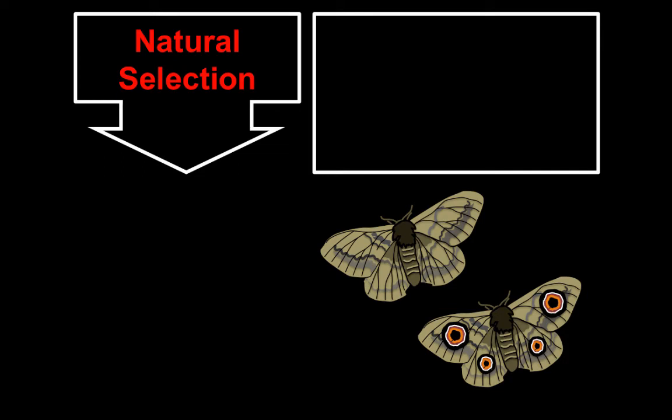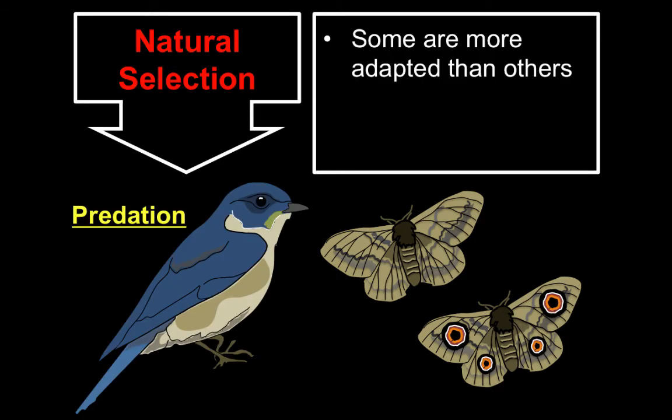Now, the genetic variation is then going to be acted on by natural selection. Natural selection simply means that some individuals are going to be more adapted than others. For example, we have these two moths.